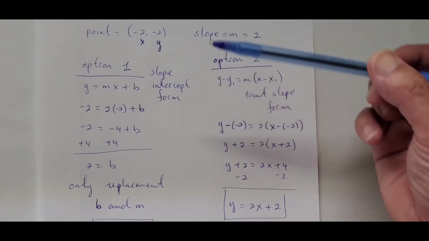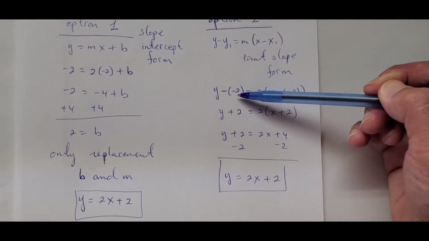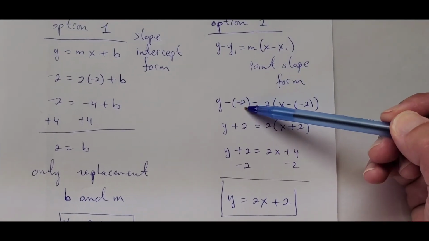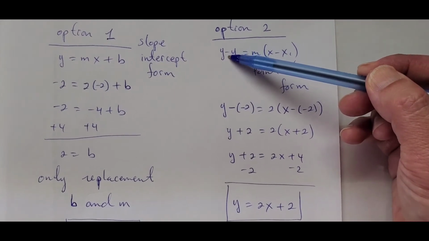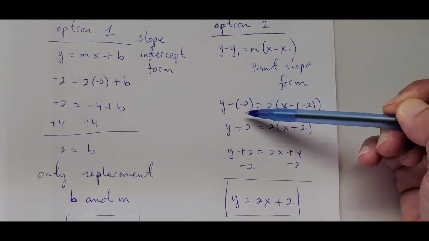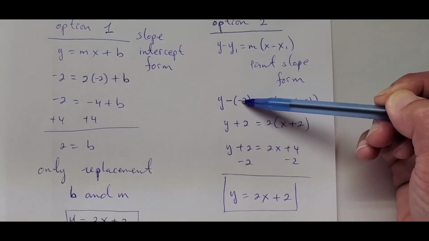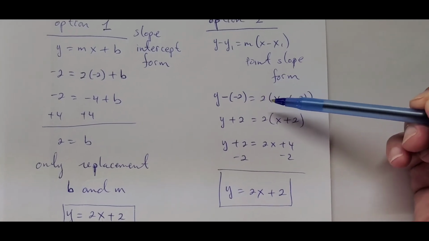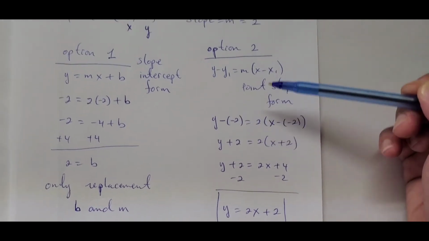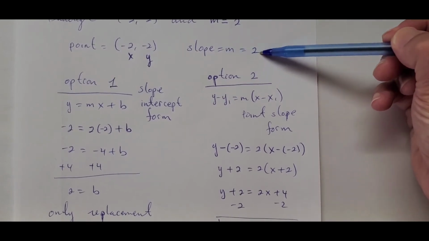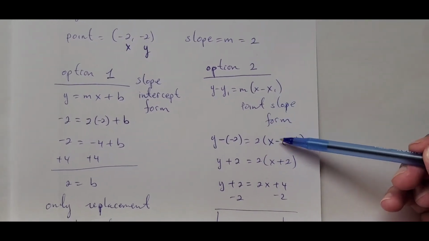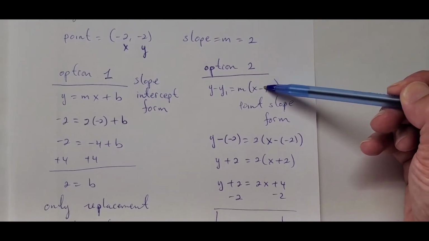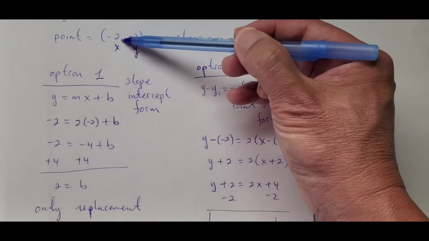Y is -2, so -2. Now why is this in parentheses? It's because the formula already has another negative, so make sure when you have two negatives, you put in parentheses. Here's my M, which is 2, the slope, up here. And my X right here is this guy.